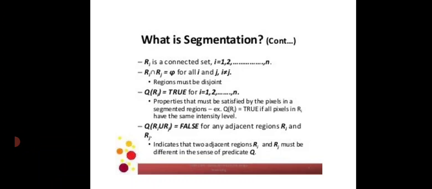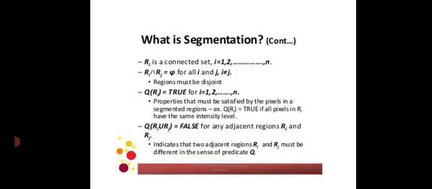Condition A indicates that the segmentation must be complete, that is every pixel must be in a region, while condition B requires the points in the region be connected in some predefined sense. For example, the points must be 4 or 8 connected.